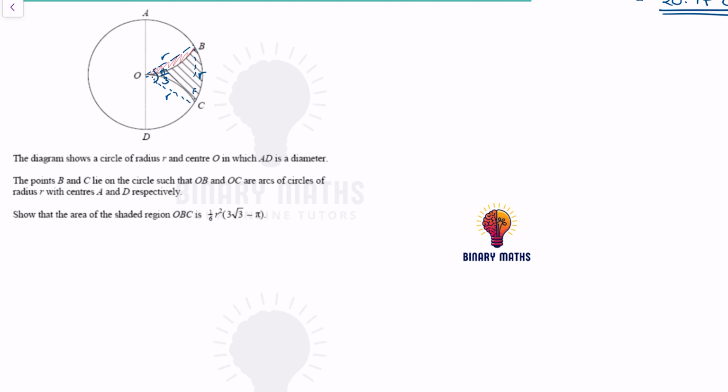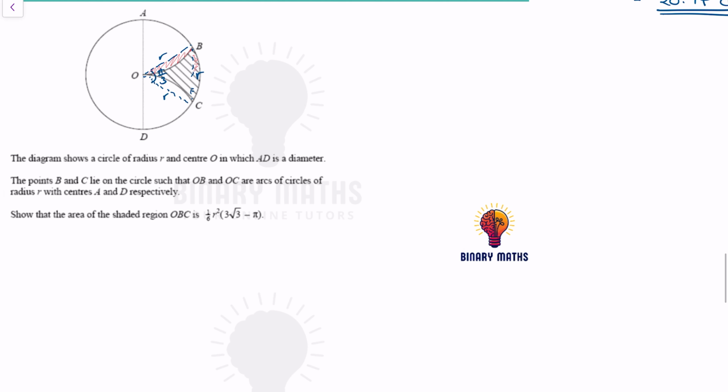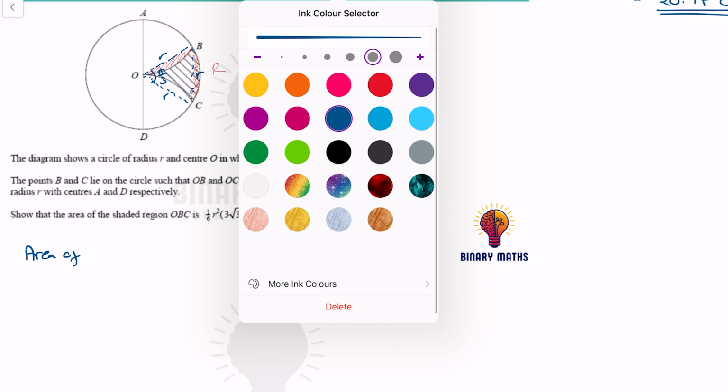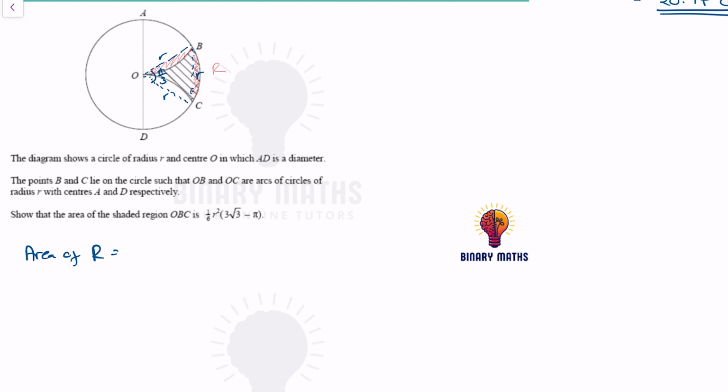One of these sections is the same thing as working out this one. So let's call these red parts R. Area of R is equal to area of sector take away area of triangle.